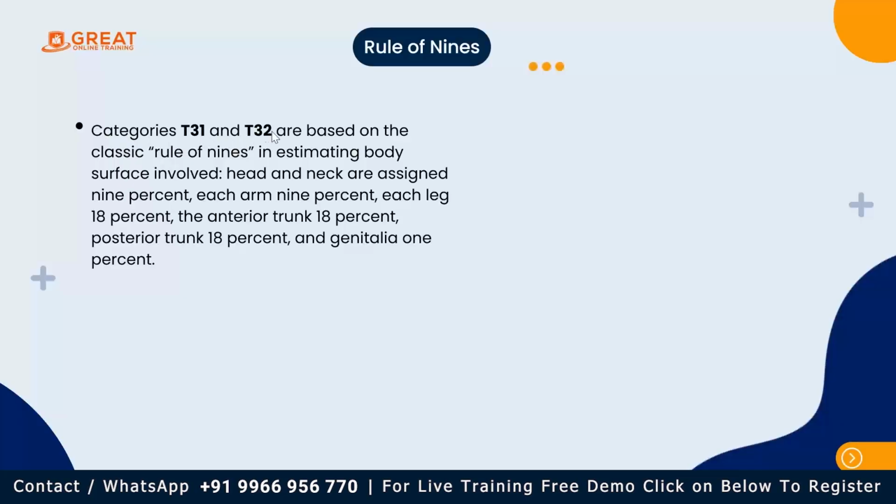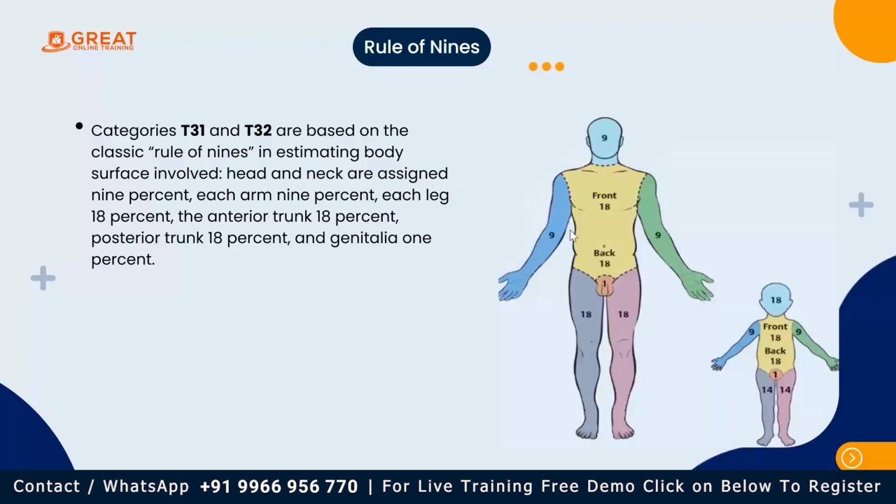Now, rule of nines. Categories T31 and T32 are based on the classic rule of nines for estimating body surface involved. You can see here the percentage for body surface involved. For head and neck, we have 9%.